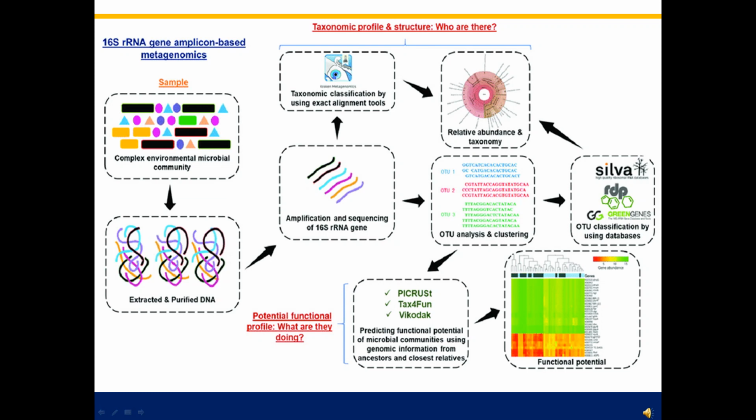Once OTU clustering and analysis has been done, we refer to reference databases for classification of these OTUs, using reference databases like Silva, RDP, Greengenes database and EzTaxon database. Once we classify the OTUs, we check for their relative abundance and which classification they belong to.